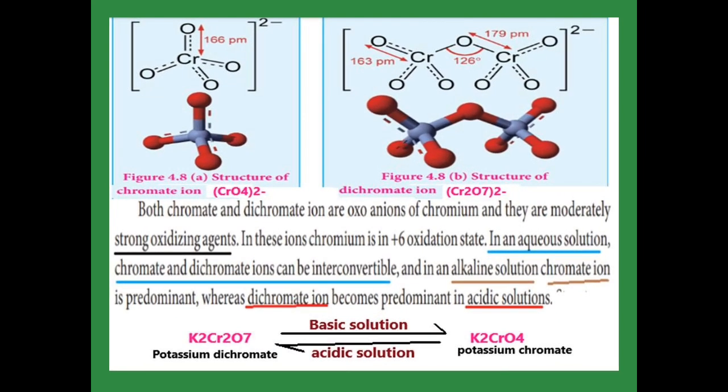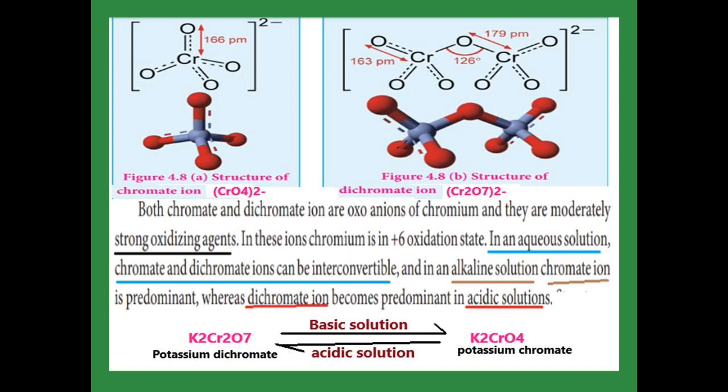Structure of chromate, CrO4 2-: here the chromium is bonded to 4 oxygen, and it is a tetrahedral structure. The next one, structure of dichromate, formula Cr2O7 2-. Each chromium has 3 oxygen, and 1 oxygen is shared between the 2 chromium atoms.